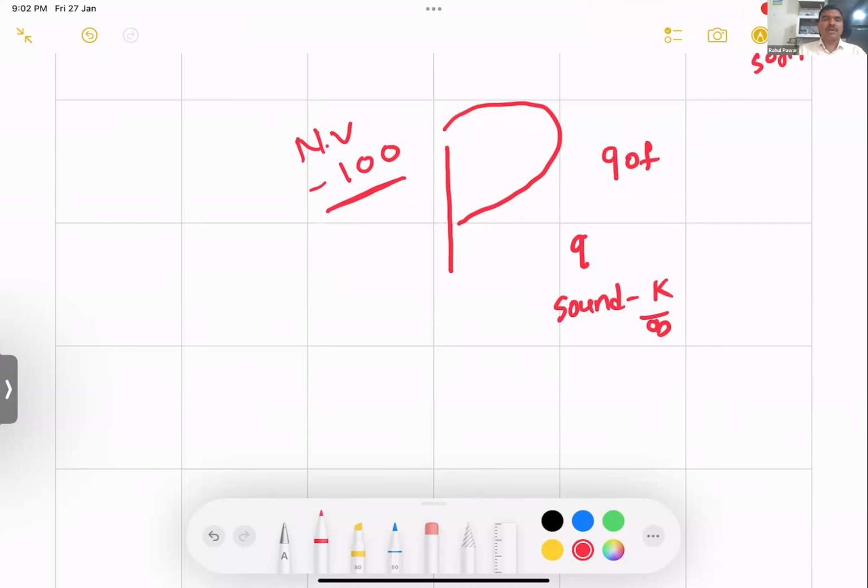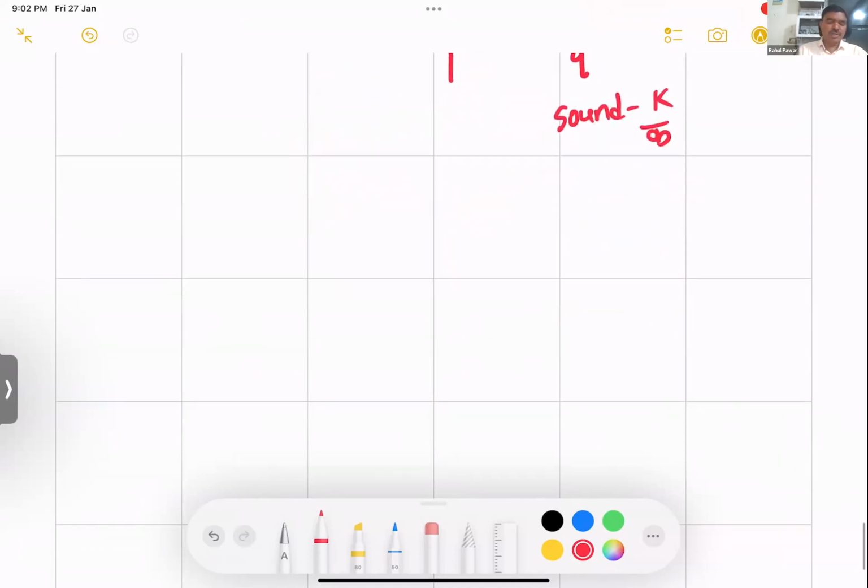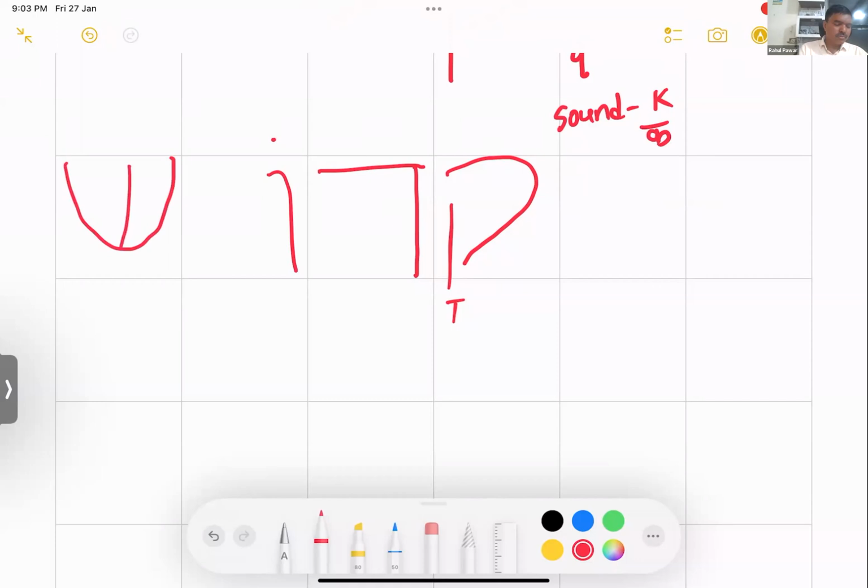Okay, one example I will show you so that you'll understand it properly. Now, this is a very important word in Hebrew. The meaning is holy.